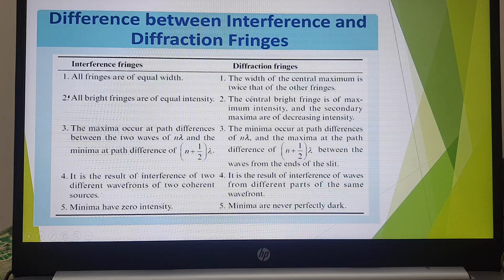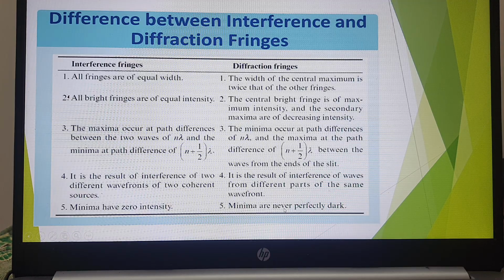Coming to diffraction fringes, it is the result of interference of waves from different parts of the same wavefront. In interference fringes, minima have zero intensity, whereas in diffraction fringes, minima are never perfectly dark.